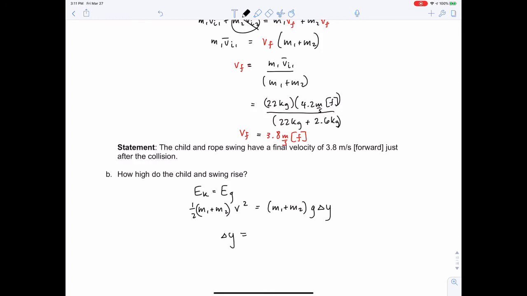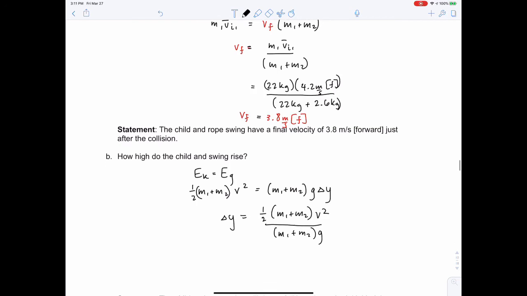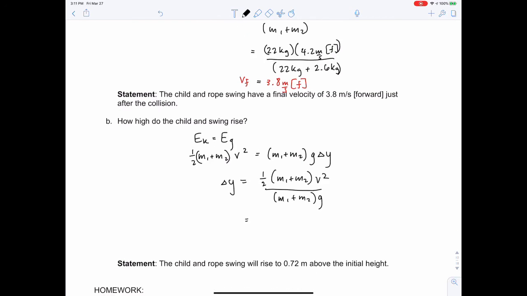So delta y is equal to 1/2 m1 plus m2 v final squared, divided by m1 plus m2 g. We can see that m1 plus m2 on the top and the bottom cancel each other out. So we are left with, written in a nice, simple, concise way, v squared over 2g.